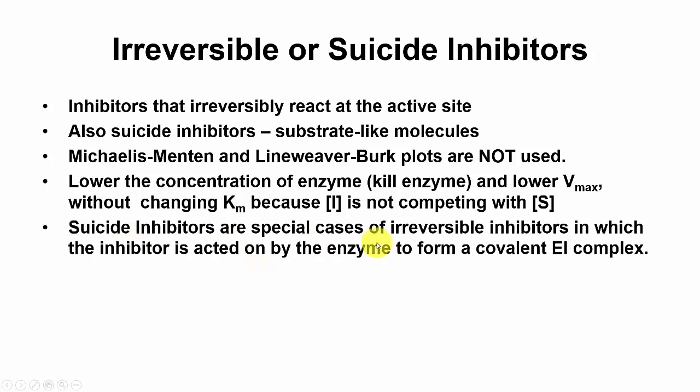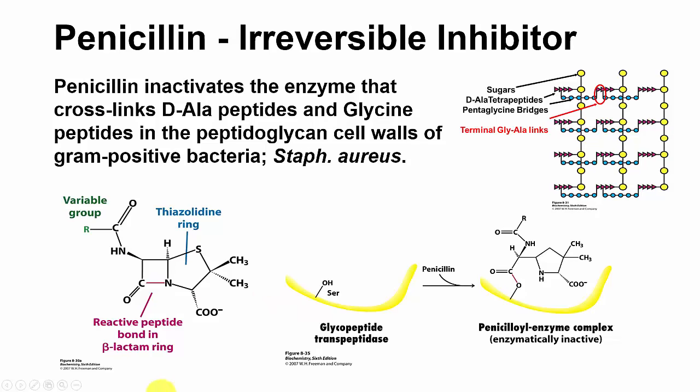Suicide inhibitors are special cases of irreversible inhibitors in which the inhibitor is acted on by the enzyme to form a covalent EI complex. A great example, a classical example, is penicillin. It attacks the enzyme that cross-links D-alanine peptides and glycine in the cell wall of gram-positive bacteria, such as Staphylococcus aureus.